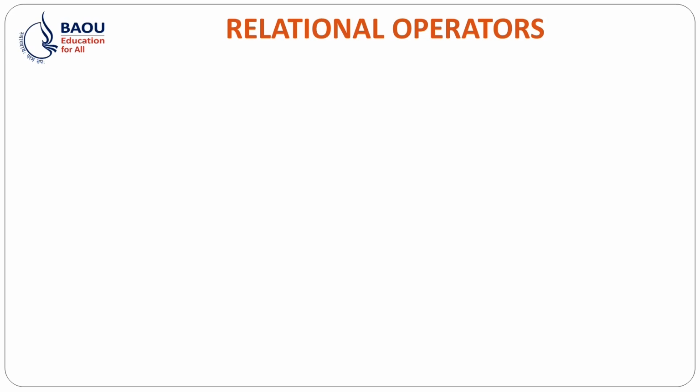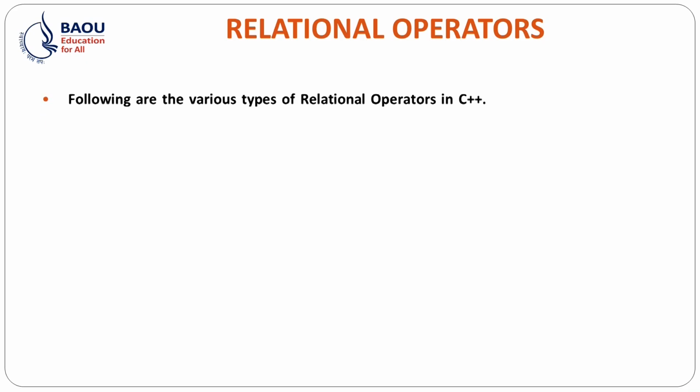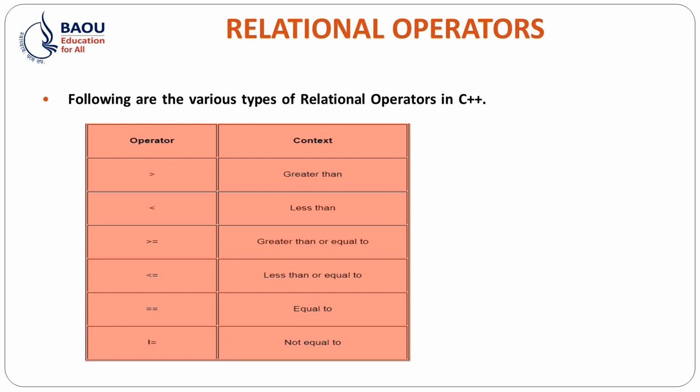It always returns Boolean value, that is true or false, or 0 or 1. Following are the various types of relational operators in C++. Equal to, greater than, less than, greater than or equal to, less than or equal to, or not equal to.